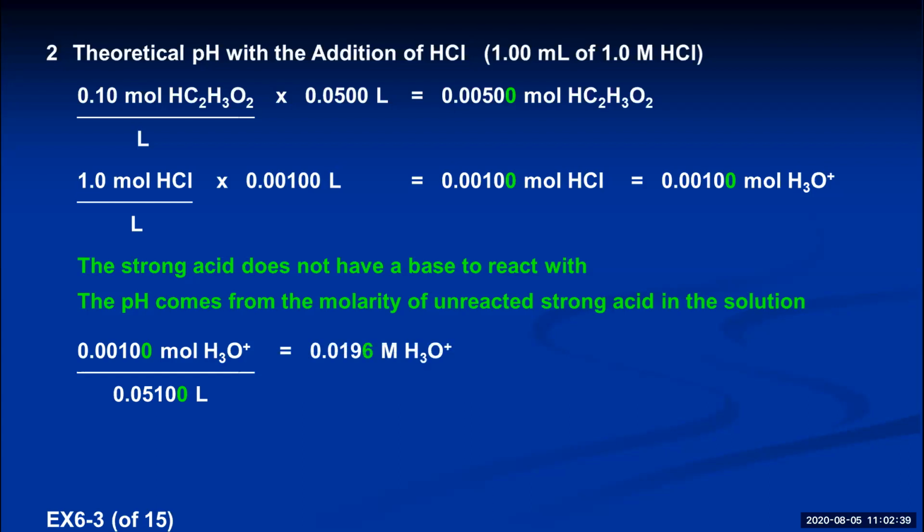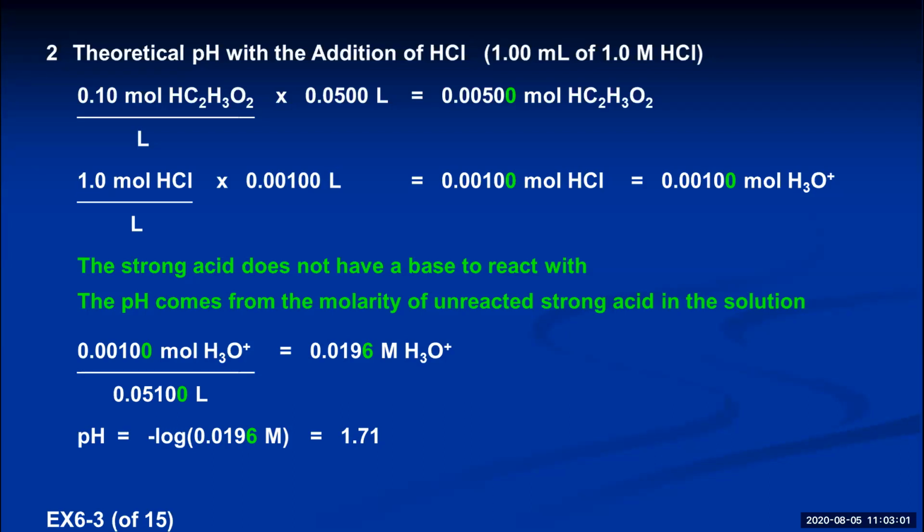And if you know the molarity of the hydronium ions, you just take the negative log, and that's going to wind up being the pH of the solution. This is a 2 significant figure molarity, so the pH will be determined to 2 places past the decimal point. So our theoretical pH for the solution that we add the HCl to the acetic acid should be 1.71.